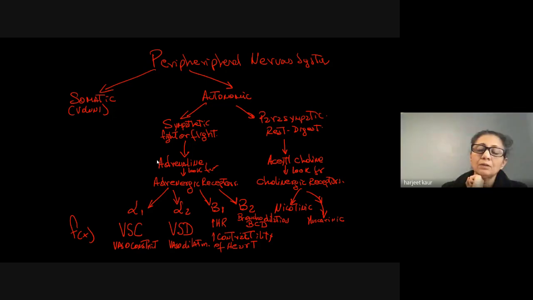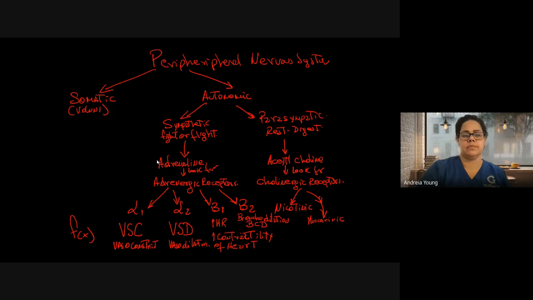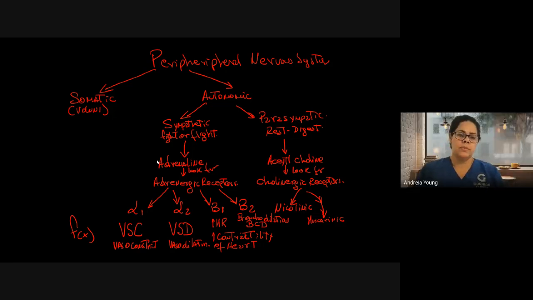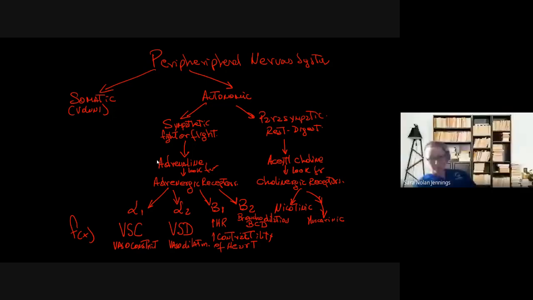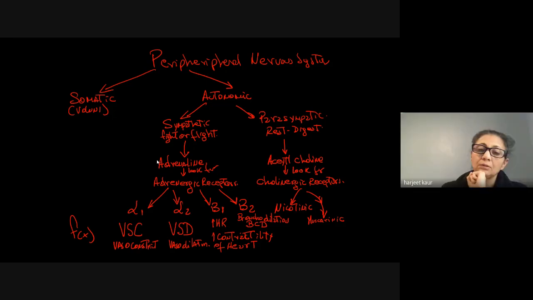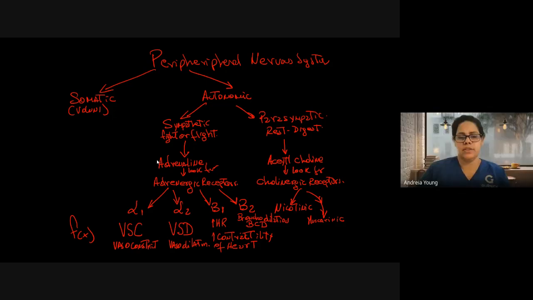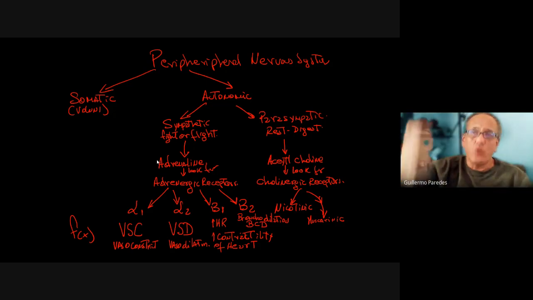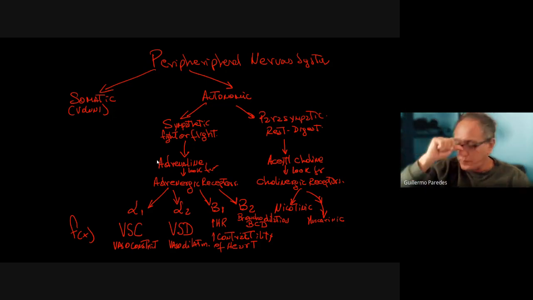Alpha 1, alpha 2, beta 1, beta 2, period. Forget about the beta 3. You okay with that? Yes.